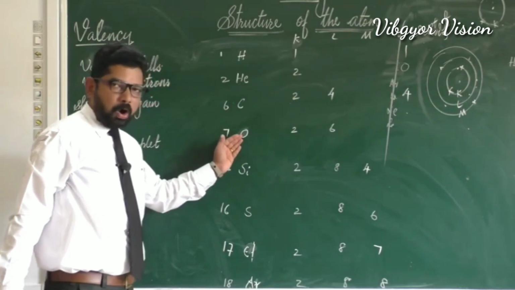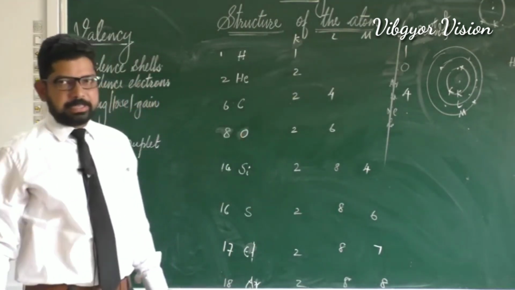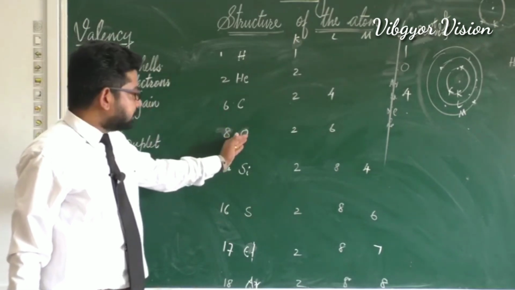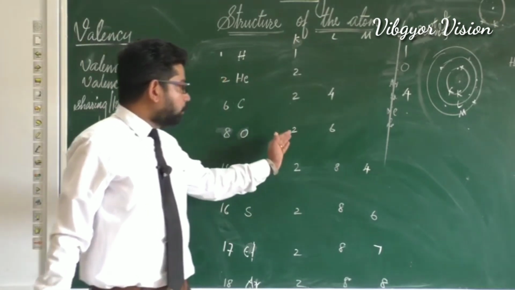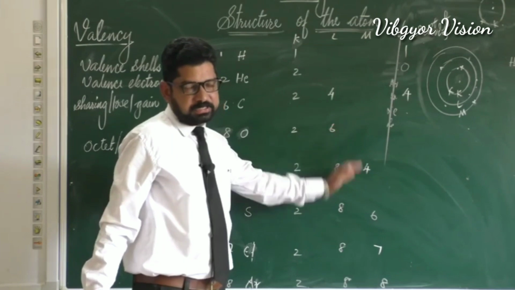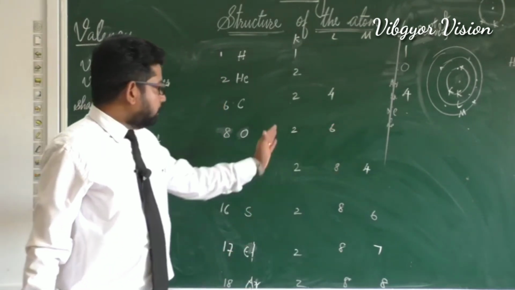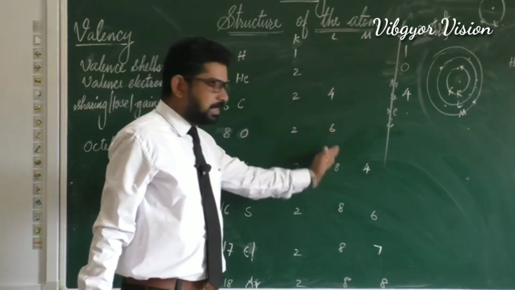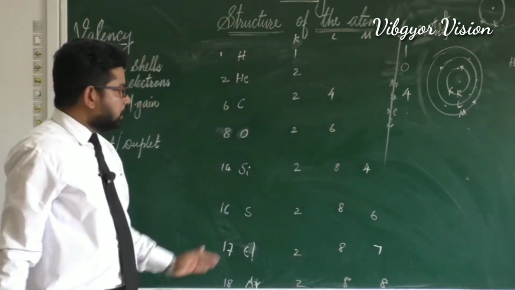Now let's come to oxygen. Atomic number of oxygen is 8. So its electronic configuration is 2, 6. In K shell there will be 2 electrons, and in L shell there will be 6 electrons.